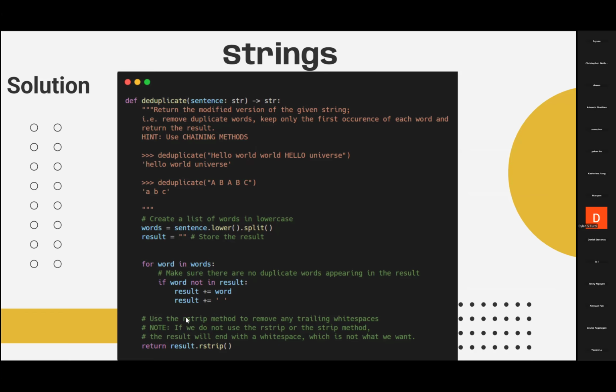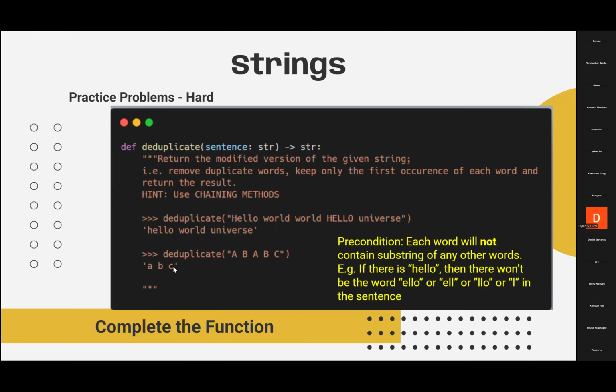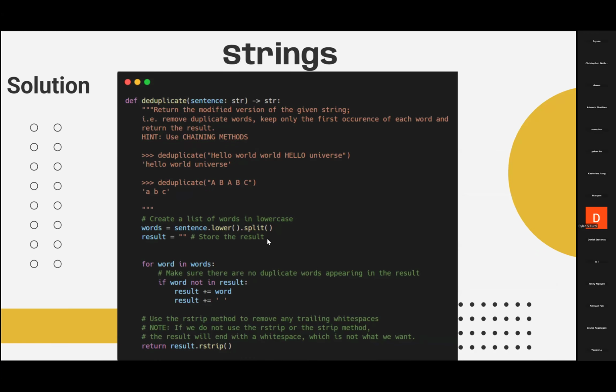And note that if you do this for loop, in the end you might have a little white space, which is not what we want, because we want no white space at the end. So you have to either strip or rstrip. Both are fine.